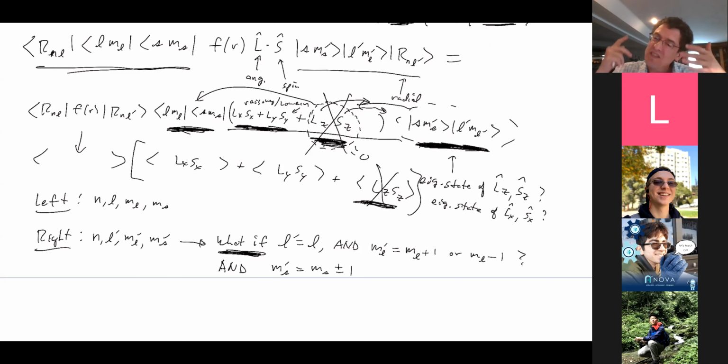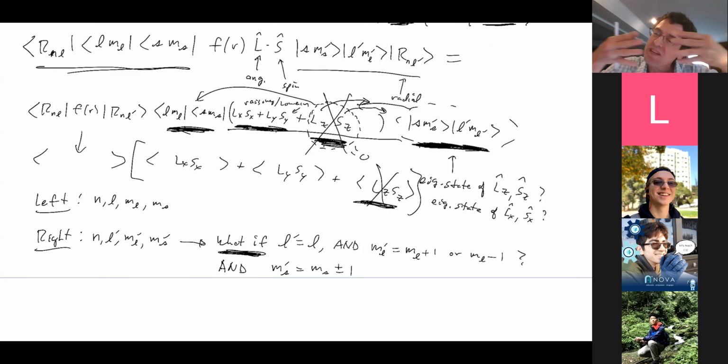That means if this is the case, and then the raising and lowering operator hits it, then that can turn the right-hand side, which started as a different state. Remember, the right-hand side starts as a different state than the left-hand side because it's off diagonal. But what if those raising and lowering operators hit it and turn it into the same state that is on the left-hand side?